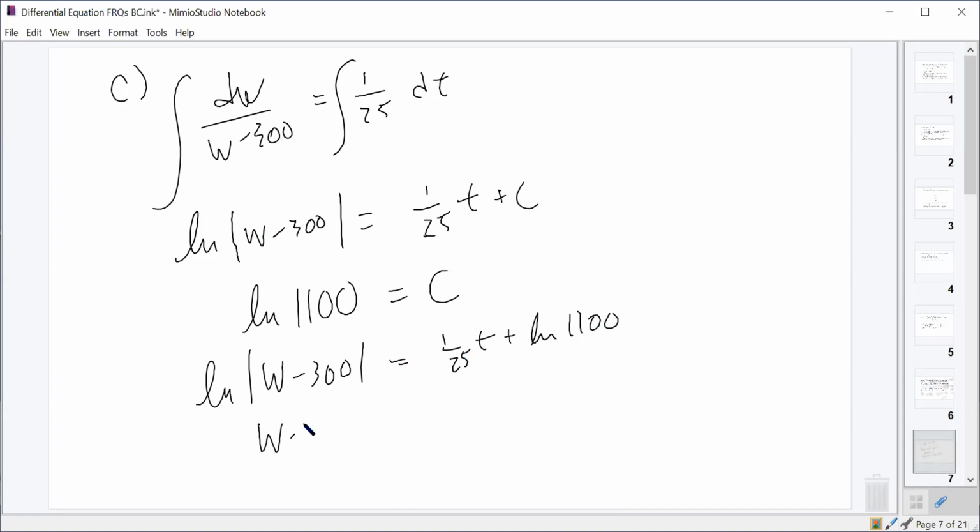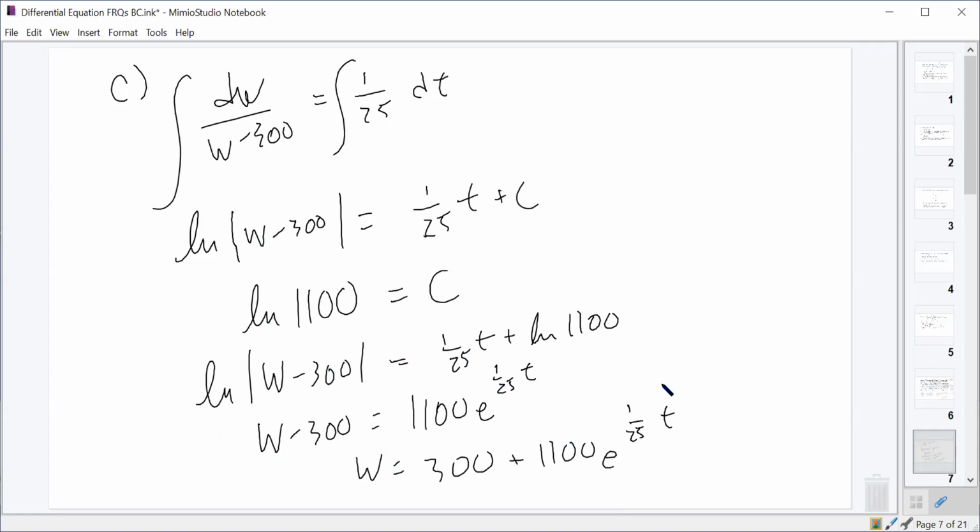Exponentiate both sides. ln 1,100 just becomes 1,100. e to the 1/25 t, and we got W equals 300 plus 1,100 e to the 1/25 t. Everybody good with part C? Any questions on that? People, y'all good?